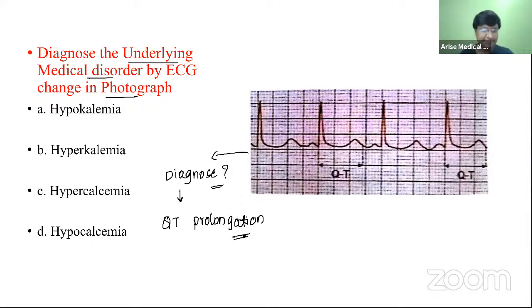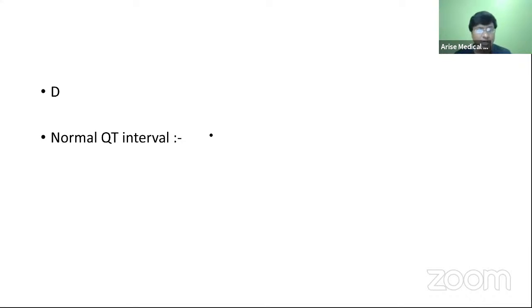Right, that is the ECG abnormality. Now, how much is the normal QT interval? Normal QT interval is 380 to 440 milliseconds. Right, that is a normal QT interval.